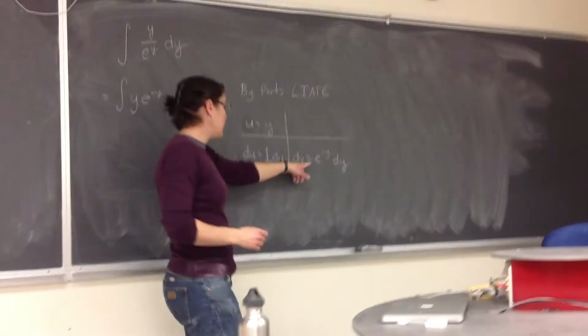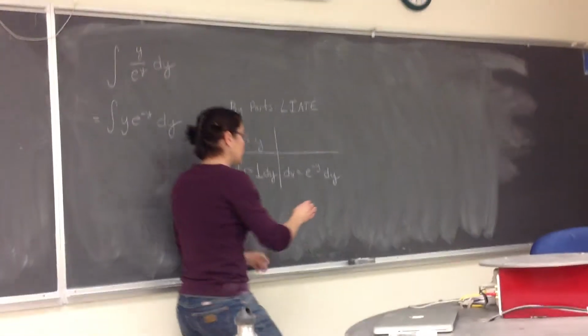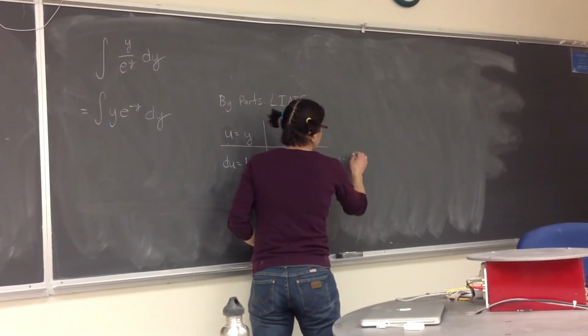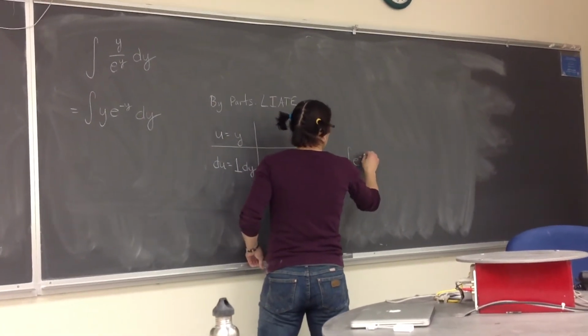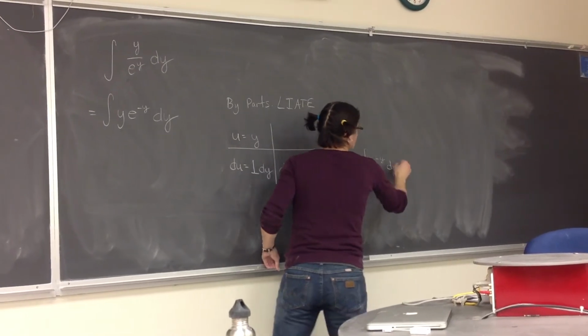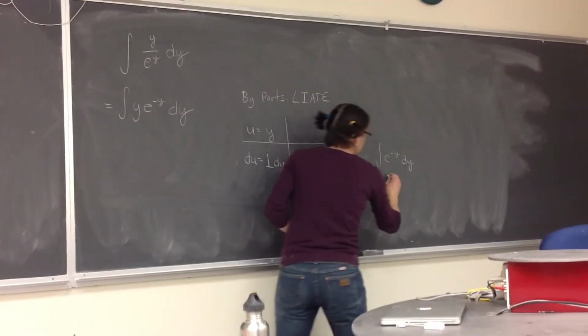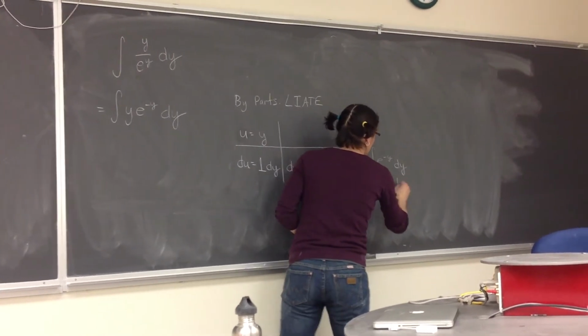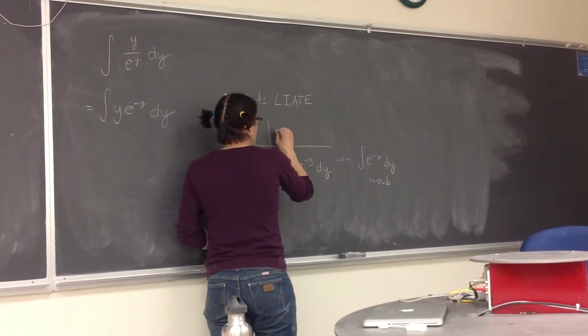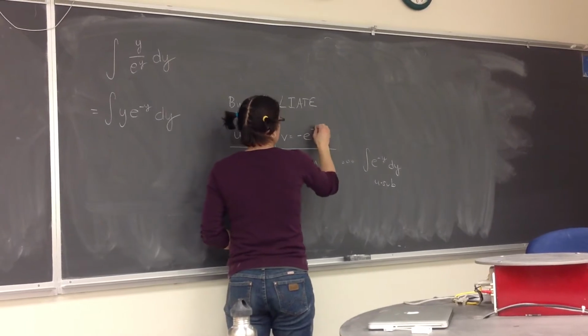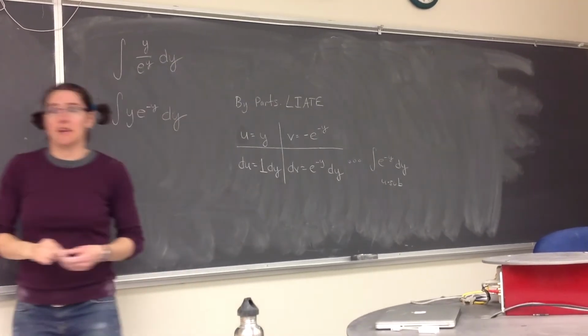And our antiderivative, if I want to think about my antiderivative here, in my head I might be thinking about integrating e to the negative y dy and using the u substitution. And you can check that in your u sub, you end up with a v value of negative e to the negative y. You should double check that if you're not convinced.